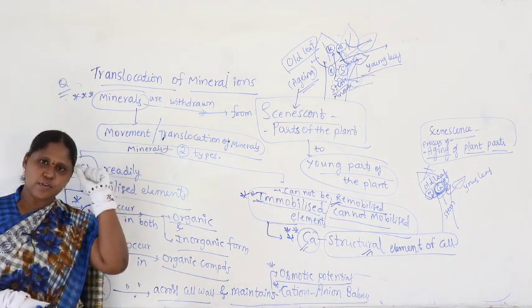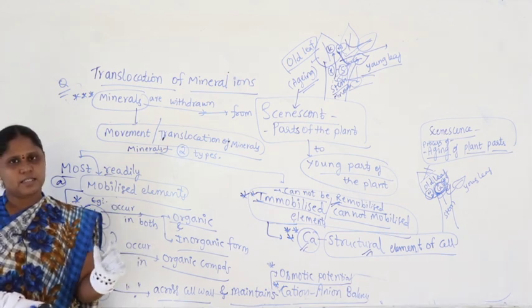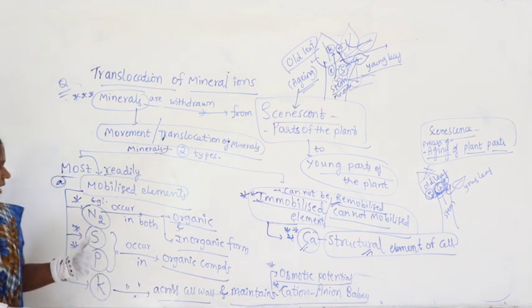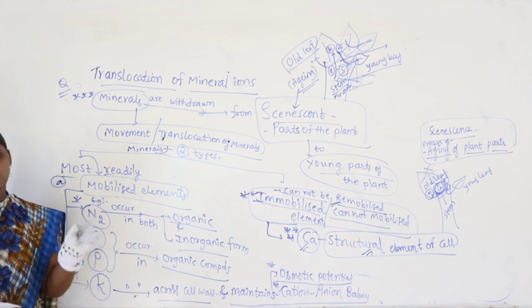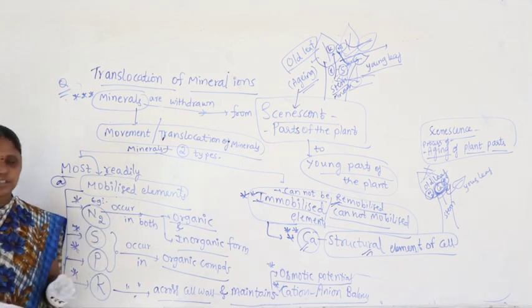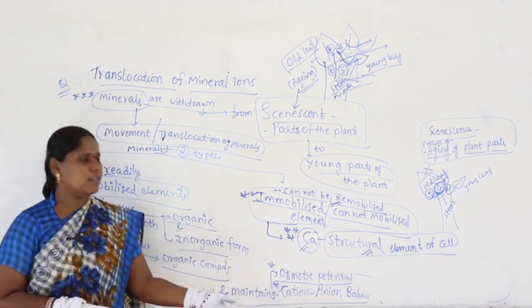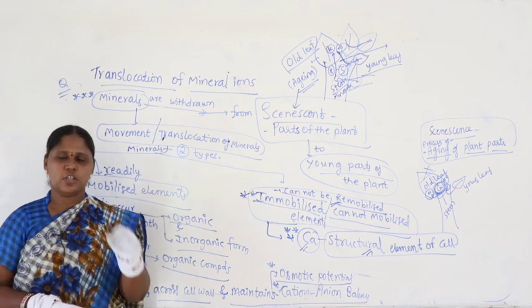If the concept in the question is related to transport in plants, keep sulfur under mobilized elements. Suppose the concept in the question is related to mineral nutrition, then keep sulfur under immobilized elements along with calcium. So, guys, check today after your class, check yourself.